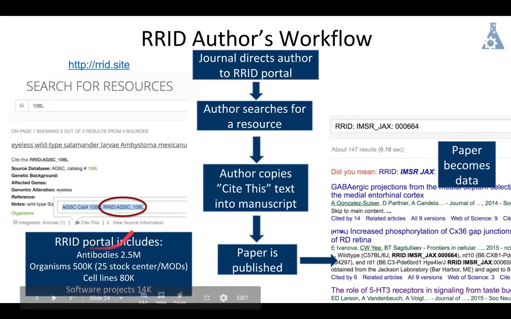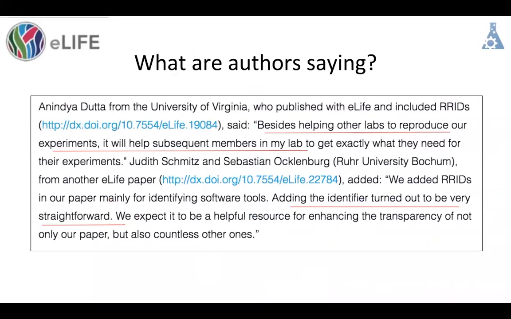The RRID portal itself doesn't just bring back Ambystoma, it brings back millions of antibodies, about 500,000 organisms from various stock centers, lots and lots of cell lines, we're nearing 100,000 cell lines, and a lot of software projects as well.